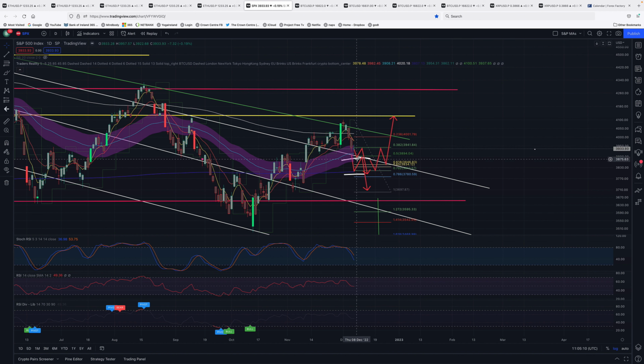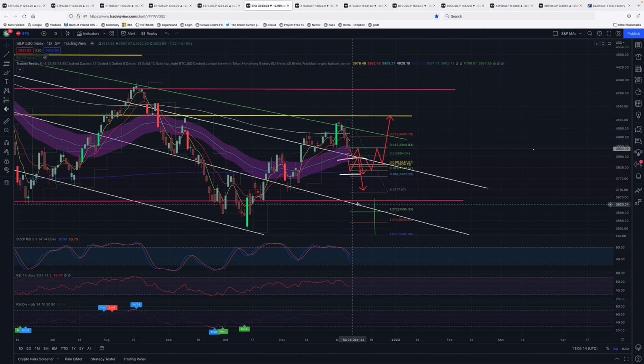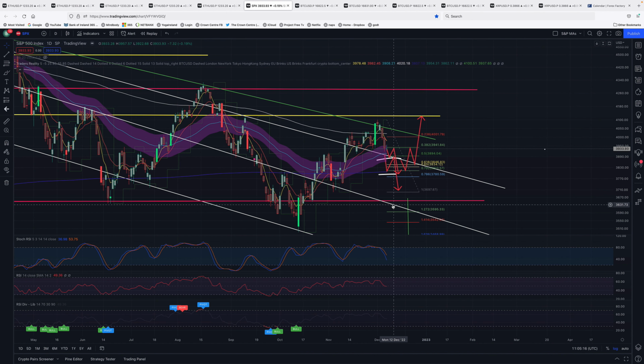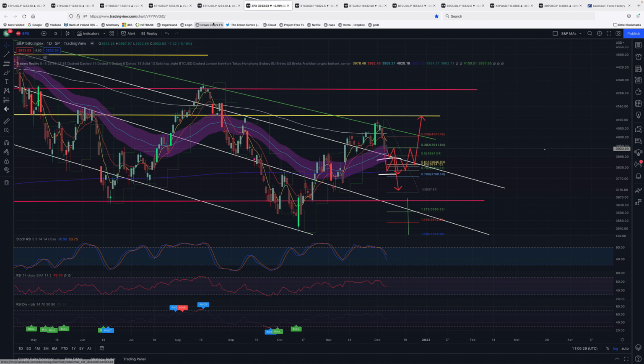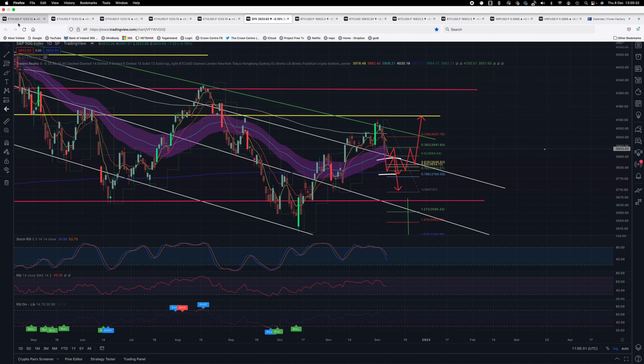If it is back tested and it fails to hold as support, we're going to come down for 786, and my technical target would be from there onward down to the midline. The midline might catch it and do another swing up like this, or it might fail and come down. So we need to see it step by step, because we are in very tricky, very volatile times.